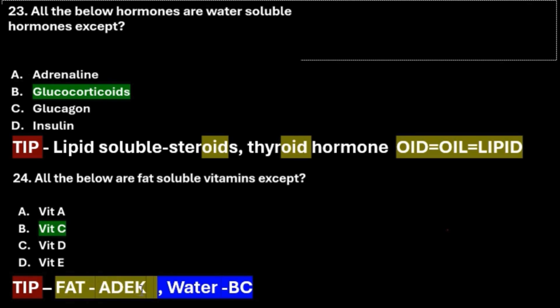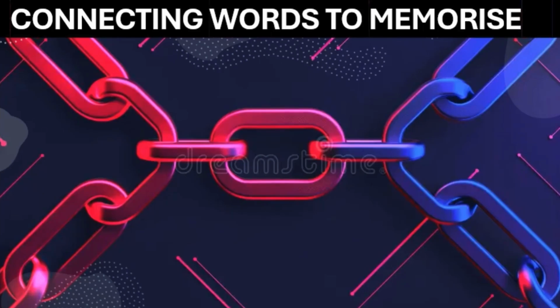Fat solubles are ADEK, the short form. So vitamin A, D, E, K are fat soluble, and water is BC. Vitamin B and C are water soluble vitamins.